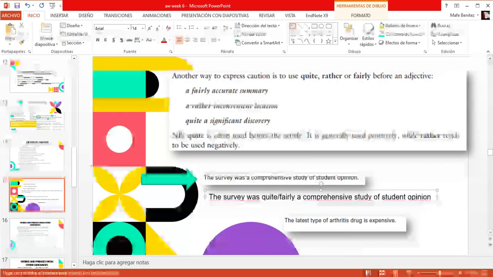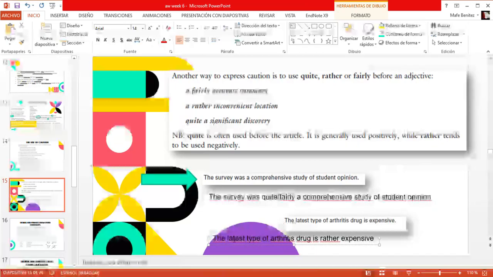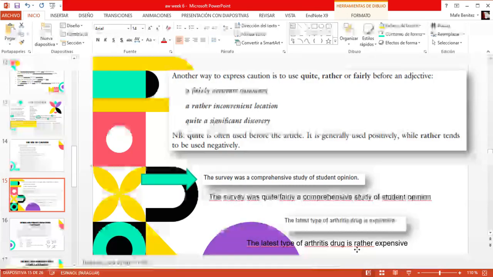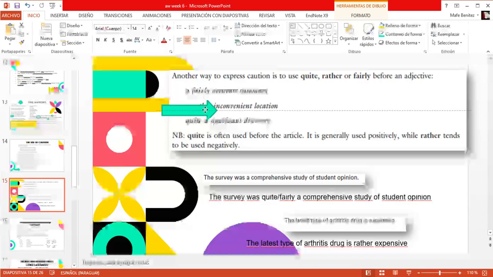The latest type of arthritis drug is expensive. Okay, the latest type of arthritis drug is rather expensive. That is how you use it. Look how it usually comes before the adjective, okay?